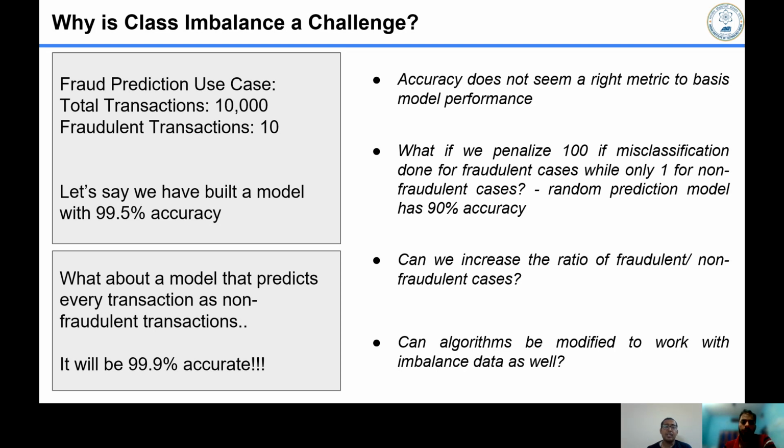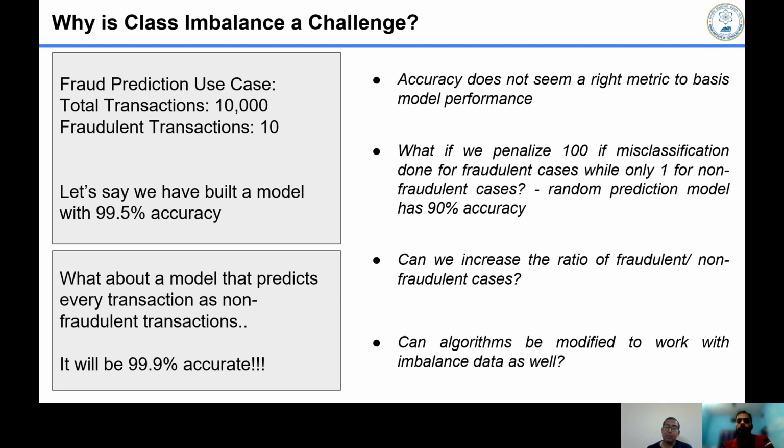So we set a higher penalty for misclassification for fraudulent cases compared to the non-fraudulent cases. Let's take a hypothetical case where we set penalty of 100 for misclassification in fraudulent cases, and one for non-fraudulent ones. In this situation, accuracy of our useless model decreases to 90%.